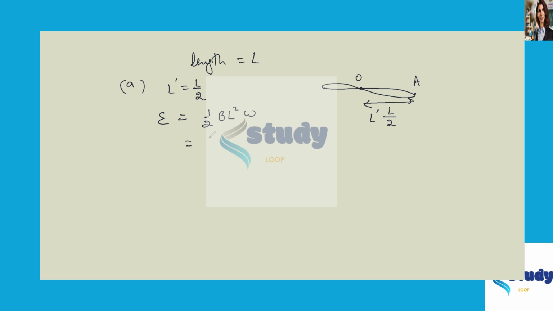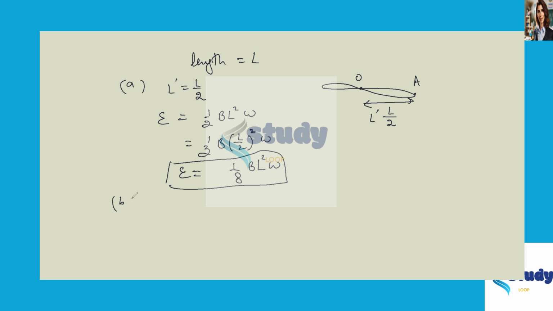So here it will become half B times L by 2 to the whole square times omega, or we can say it becomes 1 by 8 times B L square into omega. This is the EMF induced between the center and one end of this propeller.